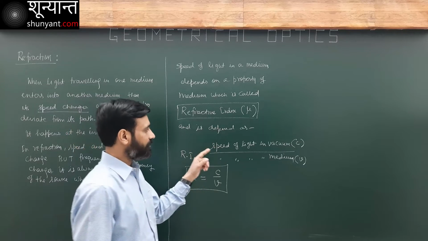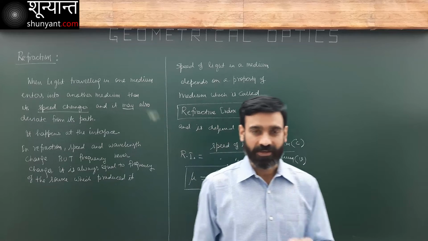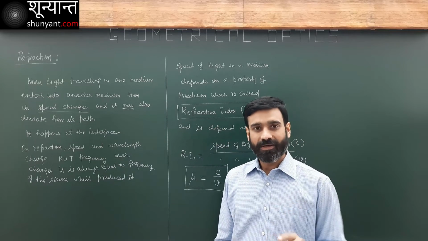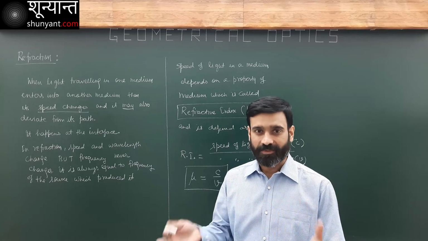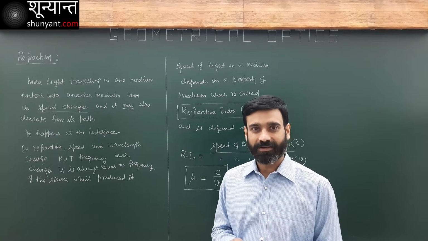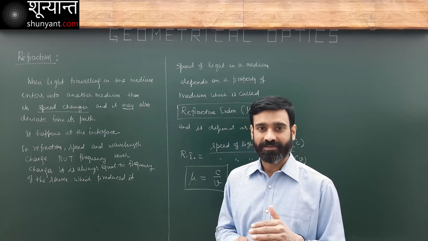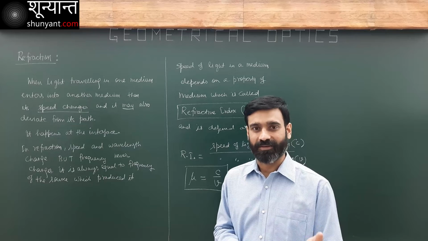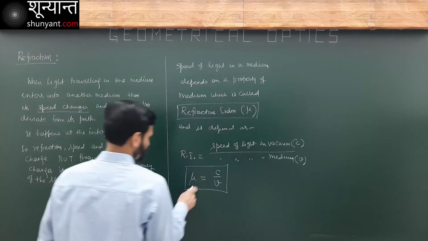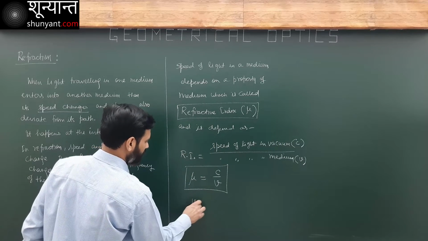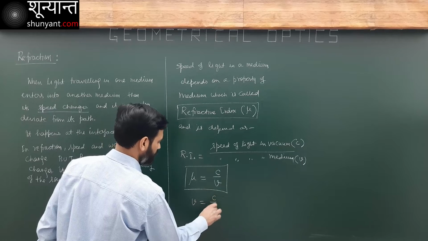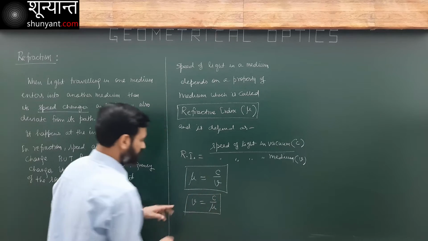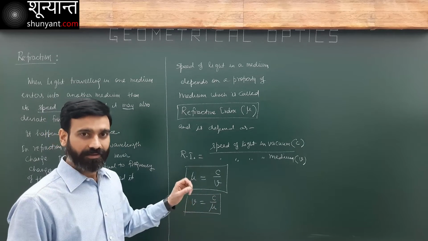This is how we define the refractive index of a medium. So every medium is going to have a certain refractive index. Depending on the refractive index, light is going to have a velocity in that medium, equal to c over mu. This is the speed of light in that medium.